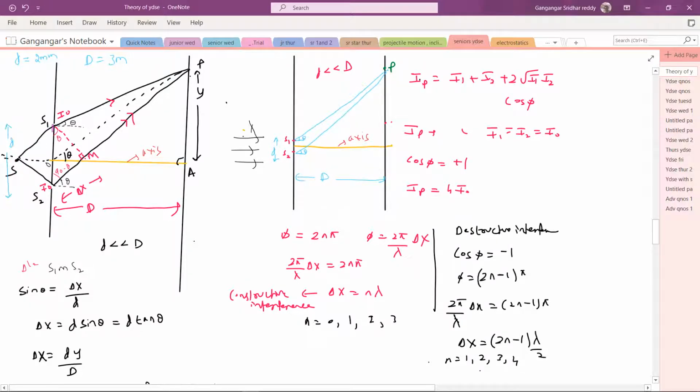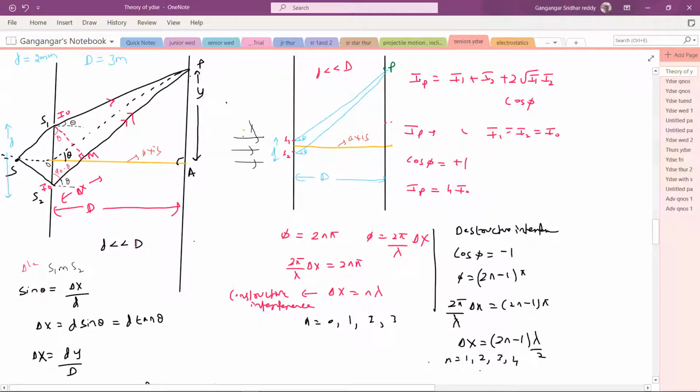The distance between the slits will become equal to small d. So from this triangle, sine theta should be equal to delta x by d, opposite by hypotenuse. Delta x equals d sine theta. As d is very much less than capital D, theta will be very small, so sine theta will become tan theta.